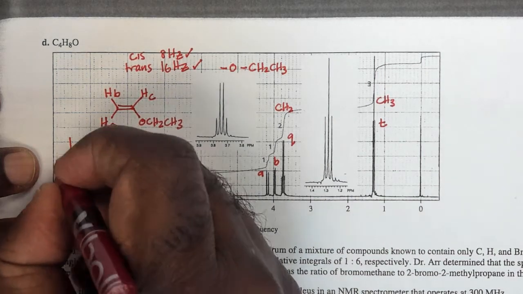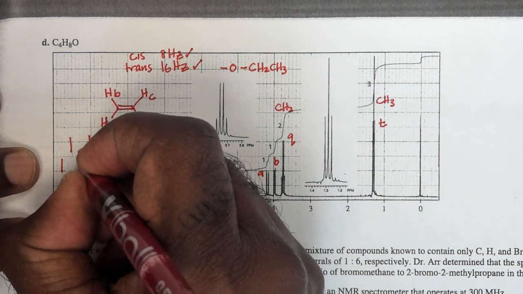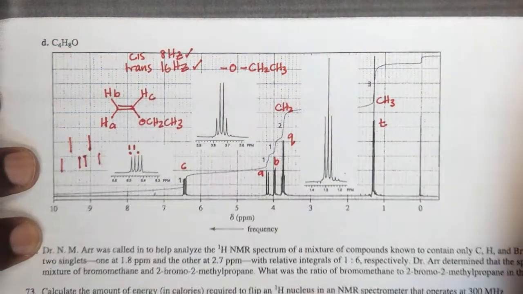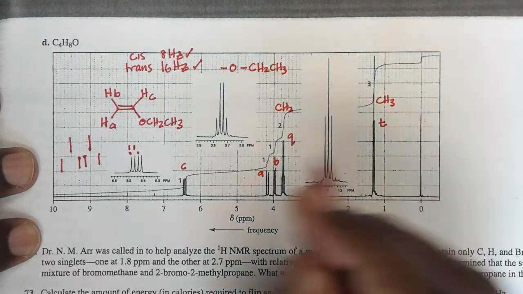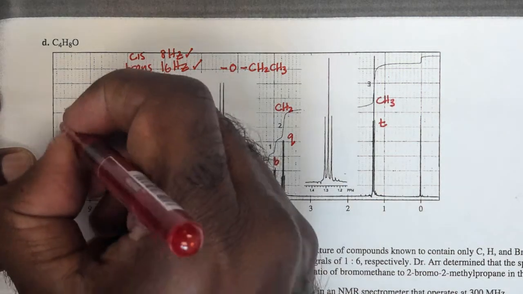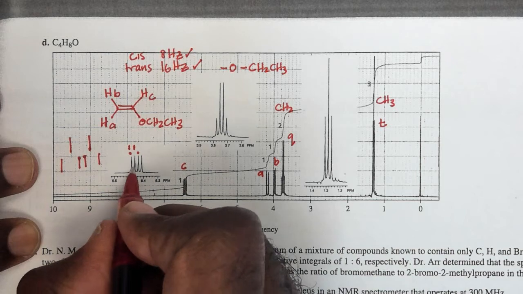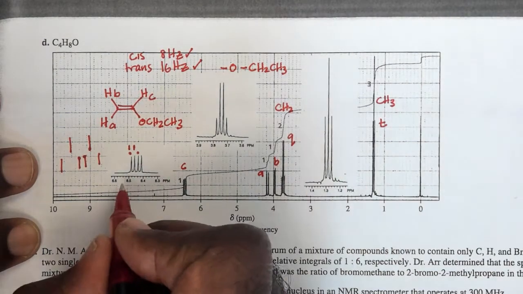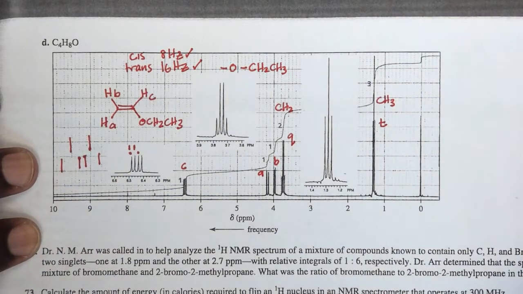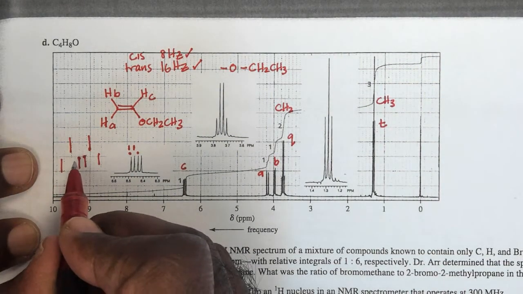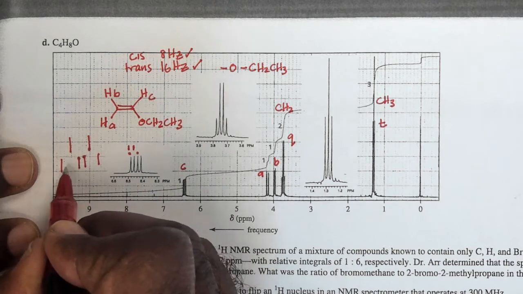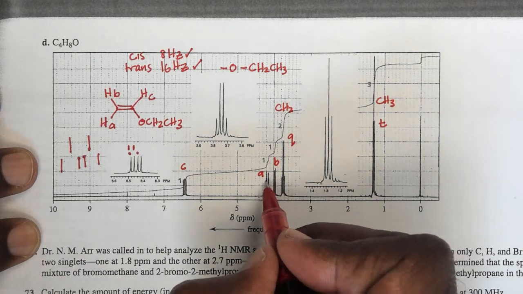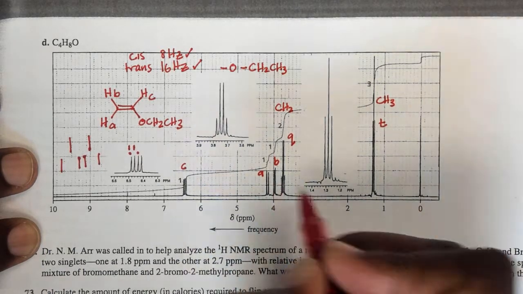So each of these is split further by 8 Hertz to give you the 4 lines. I did a very bad drawing here, but normally this would be 4 equal lines, because I can see a 16 Hertz and an 8 Hertz, so it will look something like this. The point I was trying to make is that the first doublet is split into a further doublet, giving us the 4 lines that we see here, with the coupling constants of each of these, A and B.